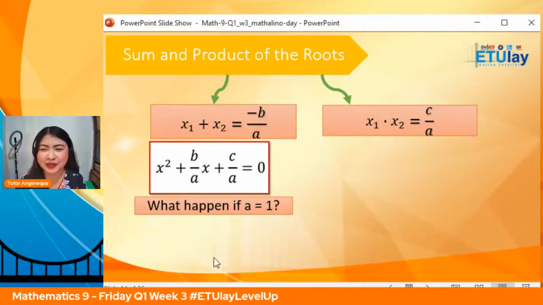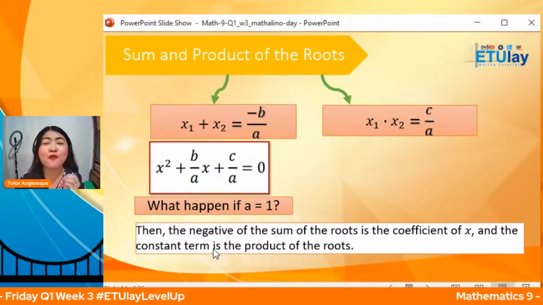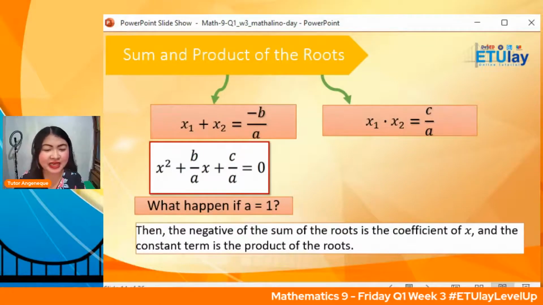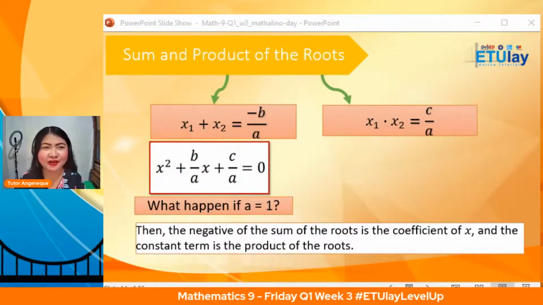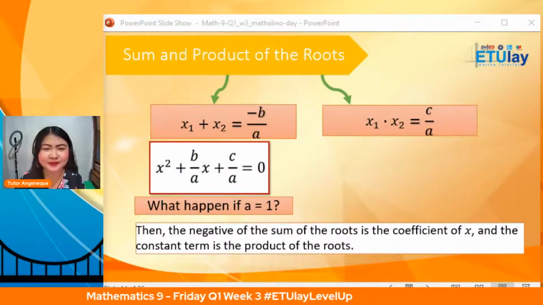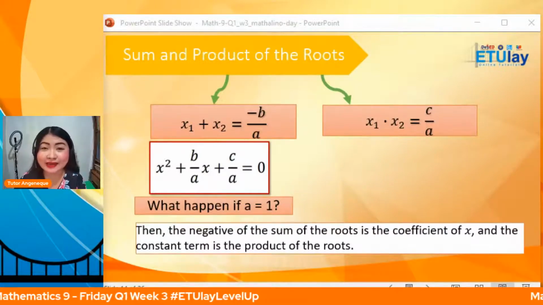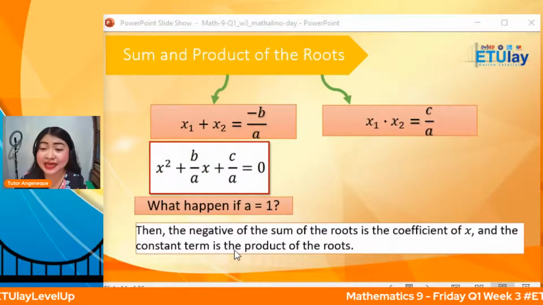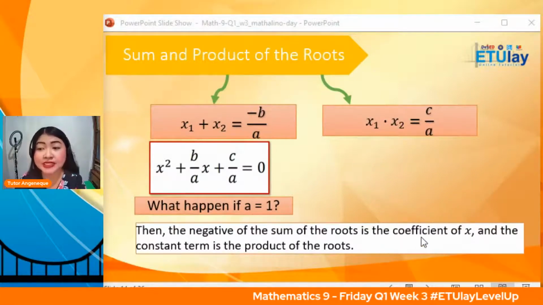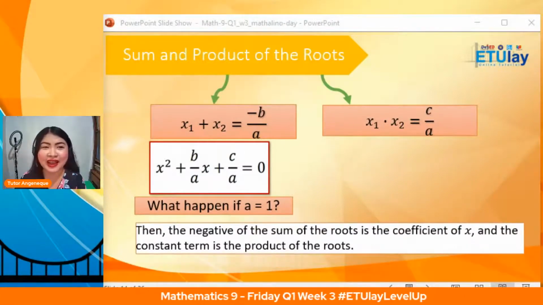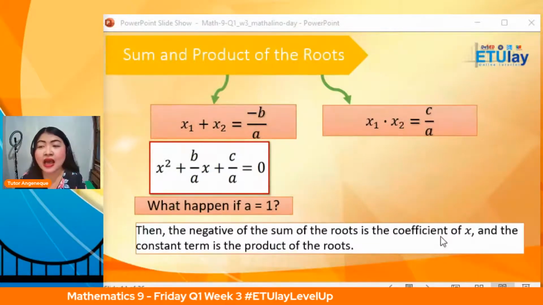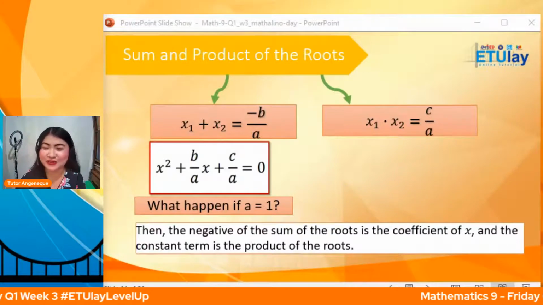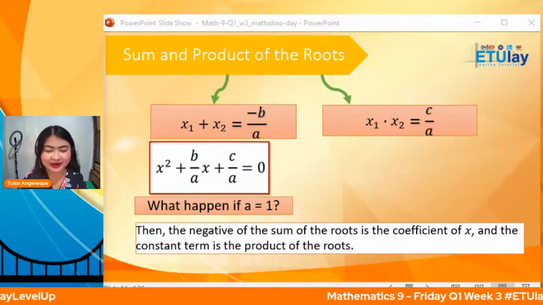Mamaya, malalaman nyo yun. So, papaano if a equals 1? What happened if a equals 1? Then, the negative of the sum of the roots is the coefficient of x, right? And the constant term is the product of the roots. Is that clear?